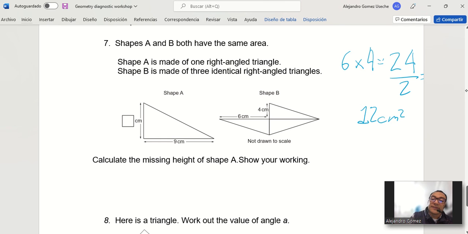But over here, this is the area of one of the triangles. We have 3 triangles over here, 1, 2, and 3. And it says shape B is made of 3 identical right-angle triangles.